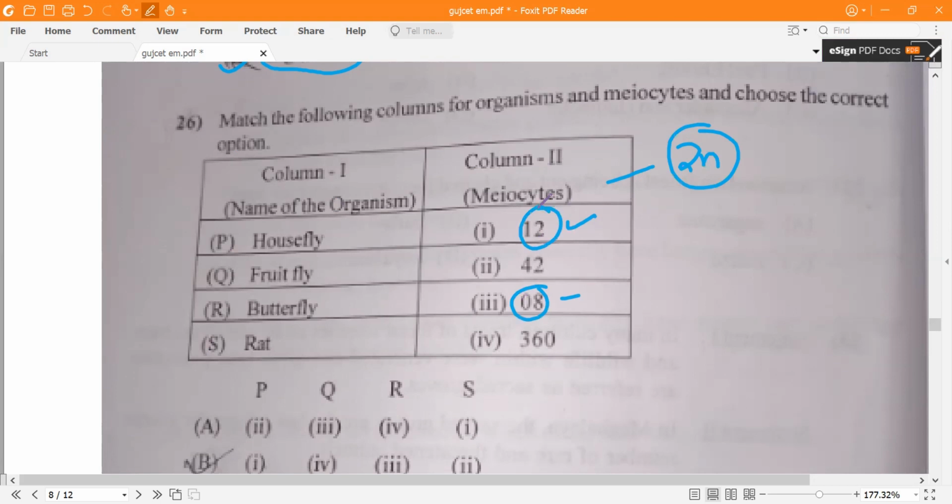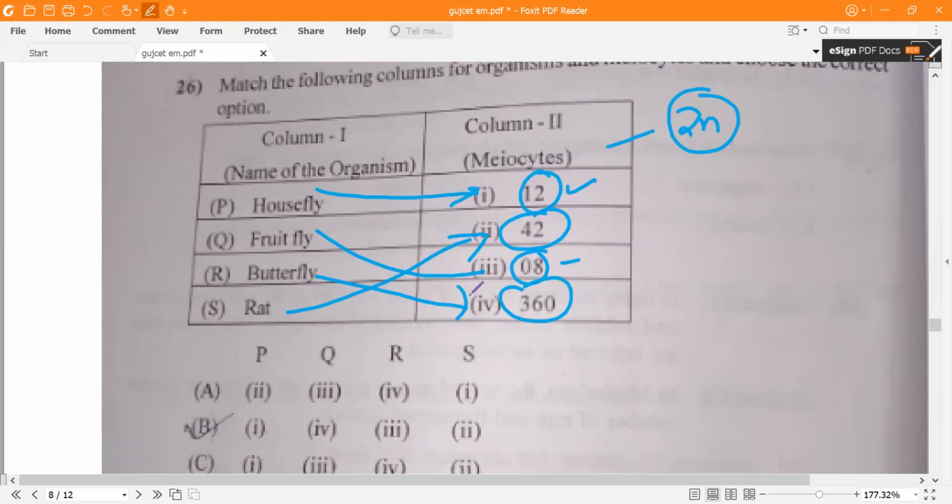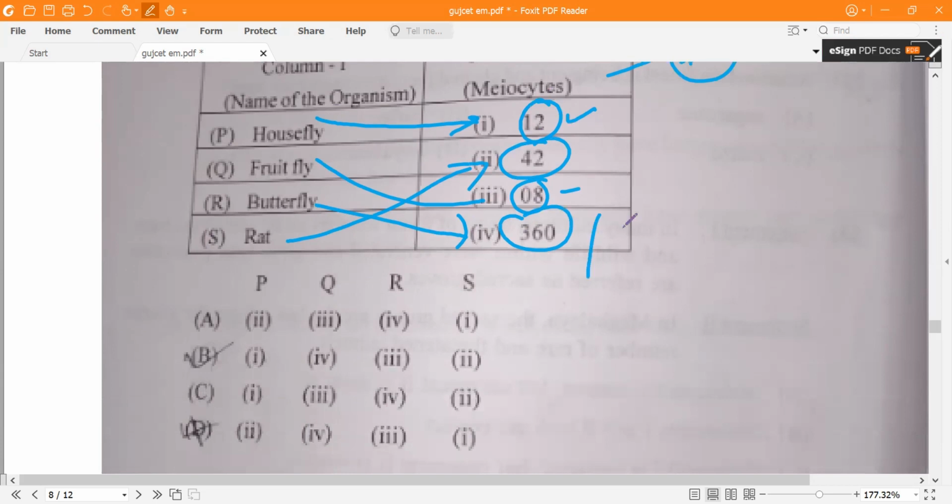So housefly will have 12. Then there is butterfly. Butterfly can sometimes have more, let's say the correct number will be 380, but they put 316. Rats contain 42 chromosomes: 21 in n, so 2n is 42. The textbook has mentioned 380 over here.